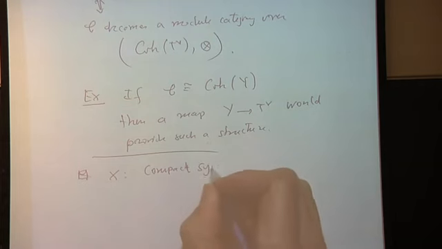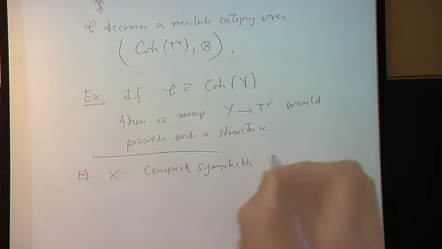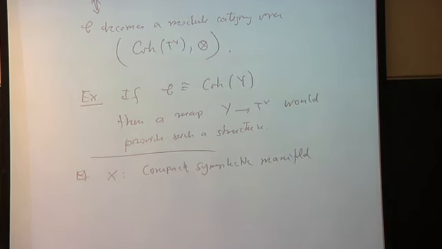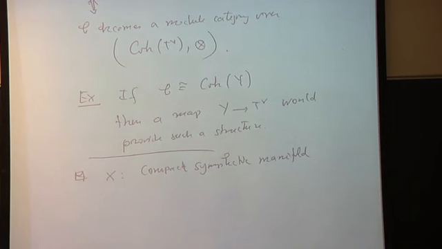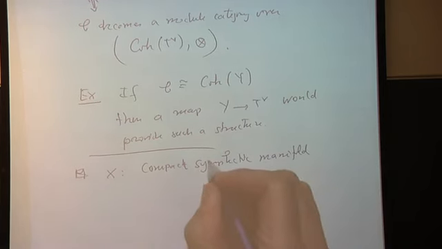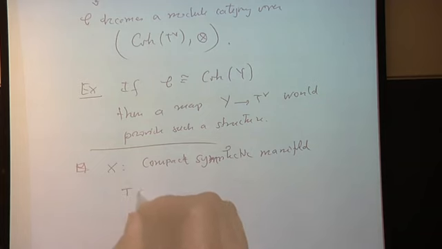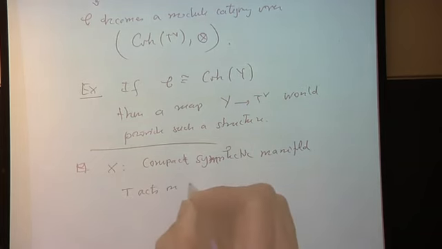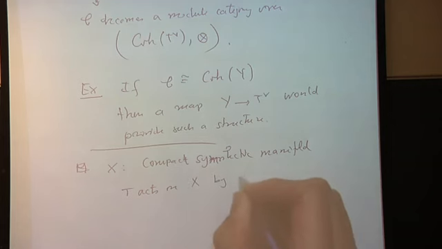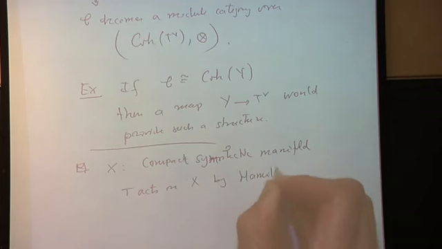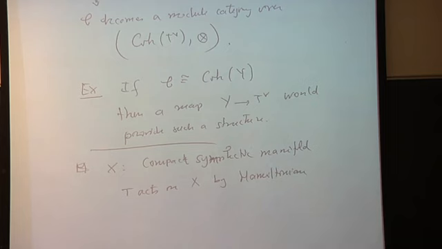Compact symplectic manifold. We know what that means. Compact symplectic manifold, and T acts on X by Hamiltonian.